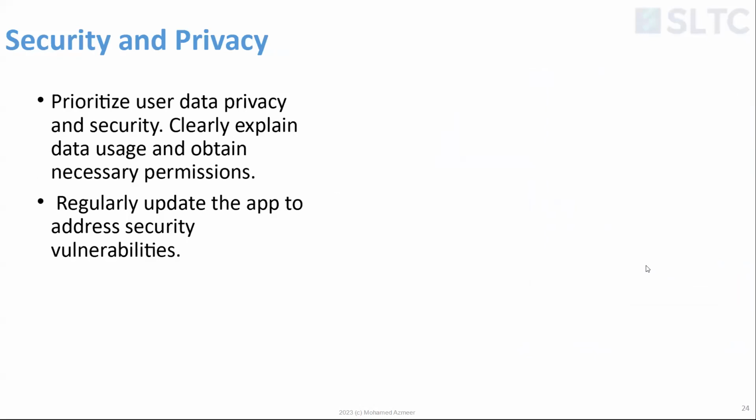And comes security and privacy. Now, this is another very, very important feature, because when you are developing the application, you may, knowingly or not knowingly, request permission to certain things. Now, let's say you want to take a photograph. So you are asking the application to request authorization from the user to use the camera.